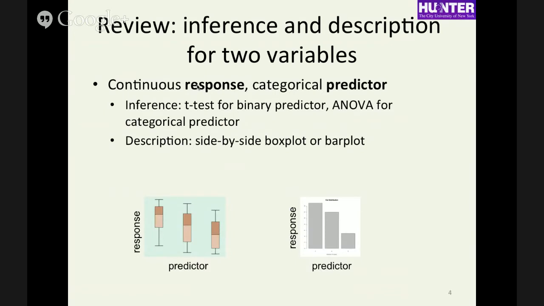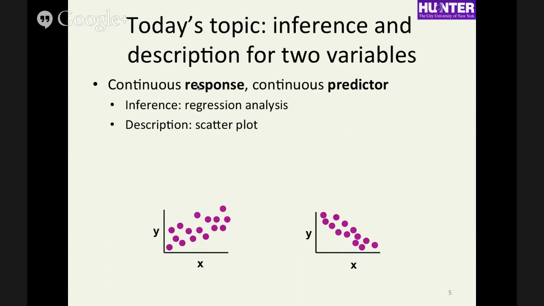And then right after that, this was just last class, we had the situation of a categorical predictor and a continuous response, when we covered analysis of variance.